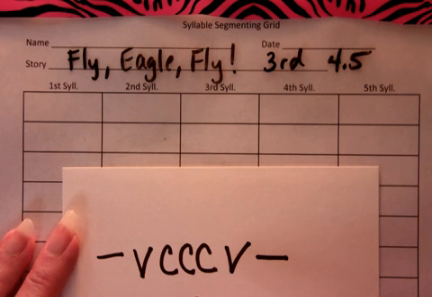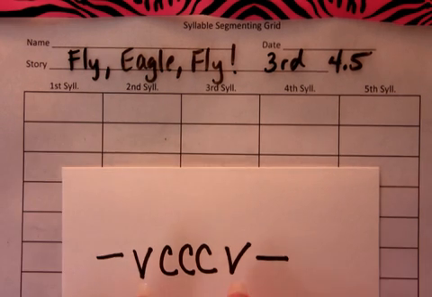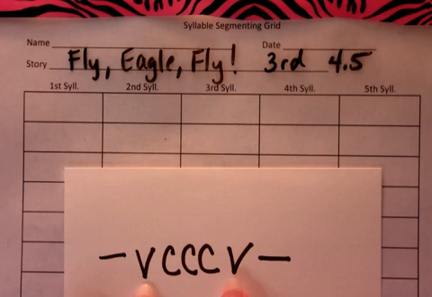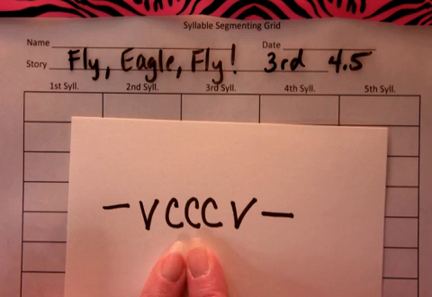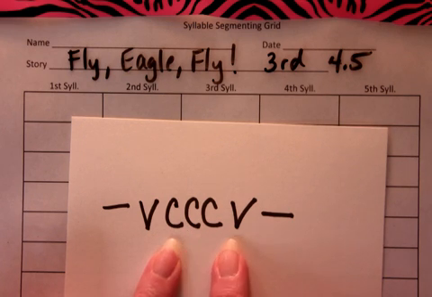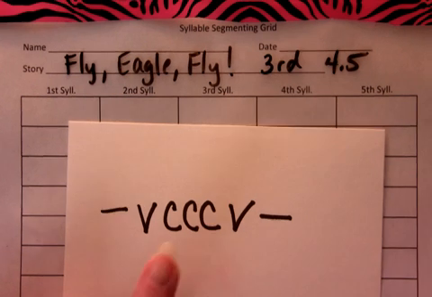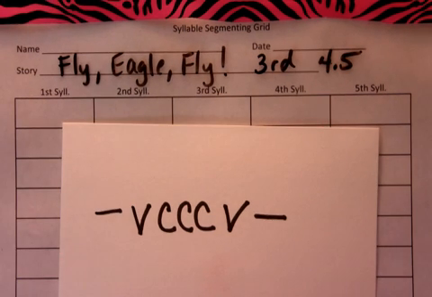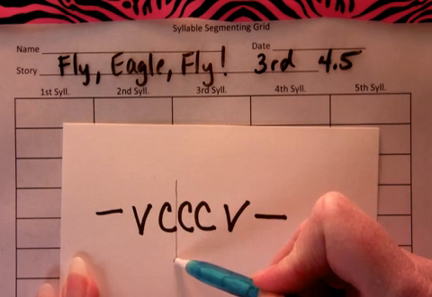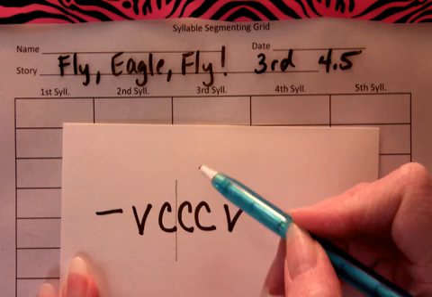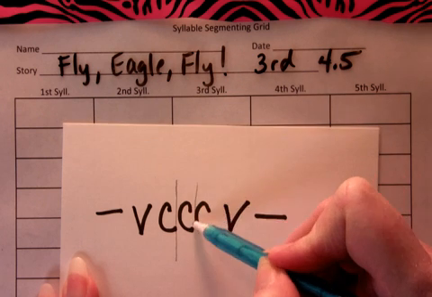When we look at our words, I want you to find the vowels and put your fingers under them, then look between your vowels. You're going to have 3 consonants. You need to figure out, do I break the syllable here, or do I break it here?